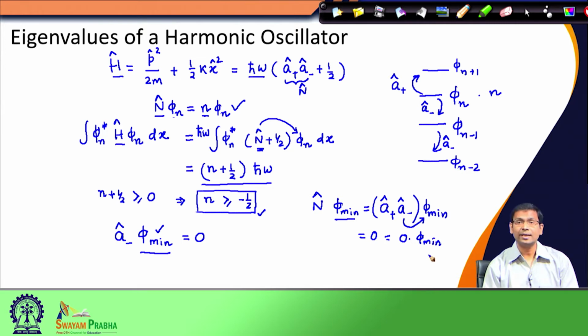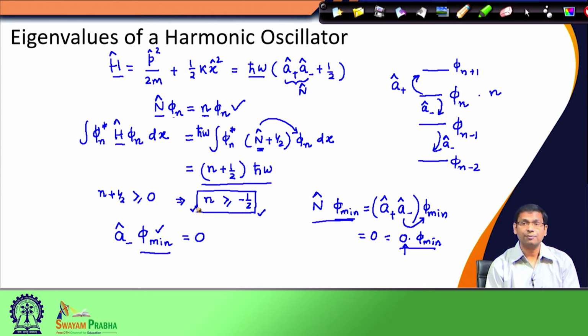What advantage do I get by writing in this way? If you look at the left hand side and right hand side, the left hand side shows the operation of operator n on phi minimum, and the right hand side shows that I am getting back my function with a constant 0. So, that means phi minimum is an eigenfunction of operator n with eigenvalue 0. Does this satisfy the other limit?